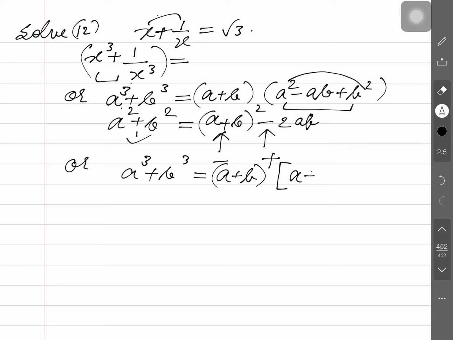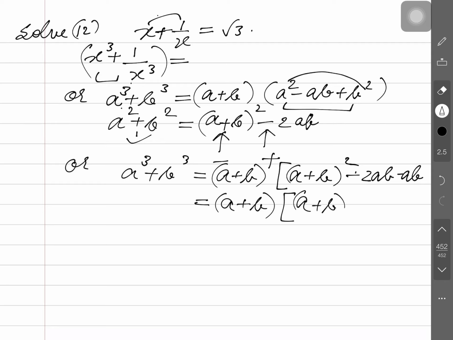So, it is a plus b whole square minus 2 times ab, and what next is to be done here? This minus ab is also there. Okay. So, it is a plus b, and here a plus b whole square minus 3 times ab. Is that clear?